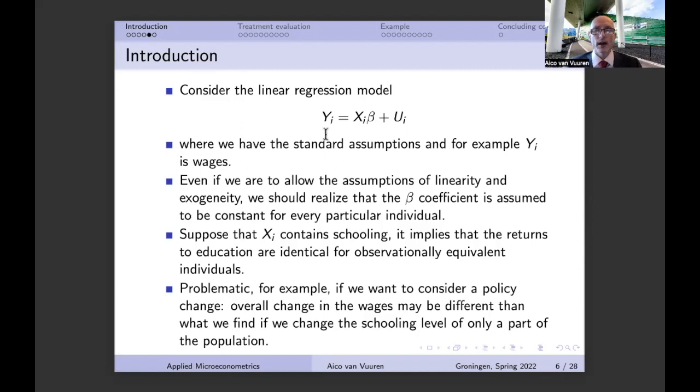But you should take into account that a lot of them will have a lower return to education than the people that you already have in university right now. And that means that you're definitely going to overestimate the impact that your investments are going to have. So you should realize that this is actually important.